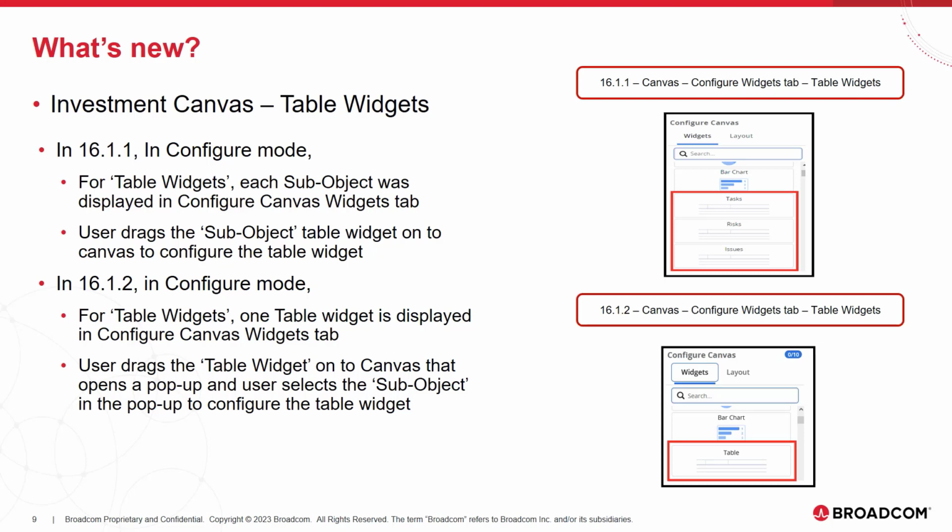In 16.1.2, in configure mode, for table widgets, there is only one table widget displayed in Configure Canvas Widgets tab. User drags the table widget onto canvas, that opens a pop-up and user selects the subobject in the pop-up to configure the table widget.